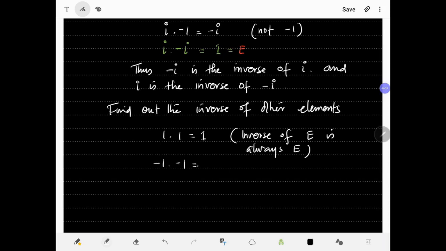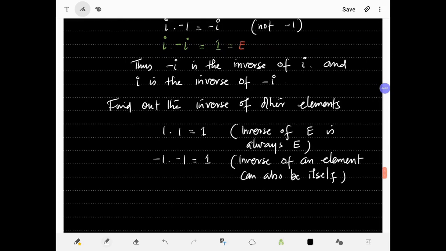Inverse of minus 1 also is minus 1 itself, because when they combine, they give identity element. So it says inverse of an element can also be itself. In the case of identity element, inverse of identity is always identity, but it is possible that inverse of any other element can also be the same element.